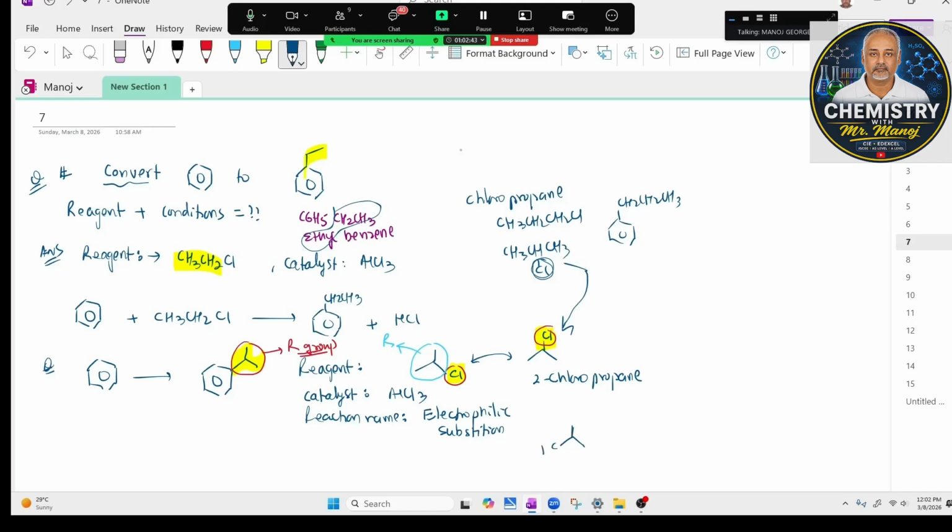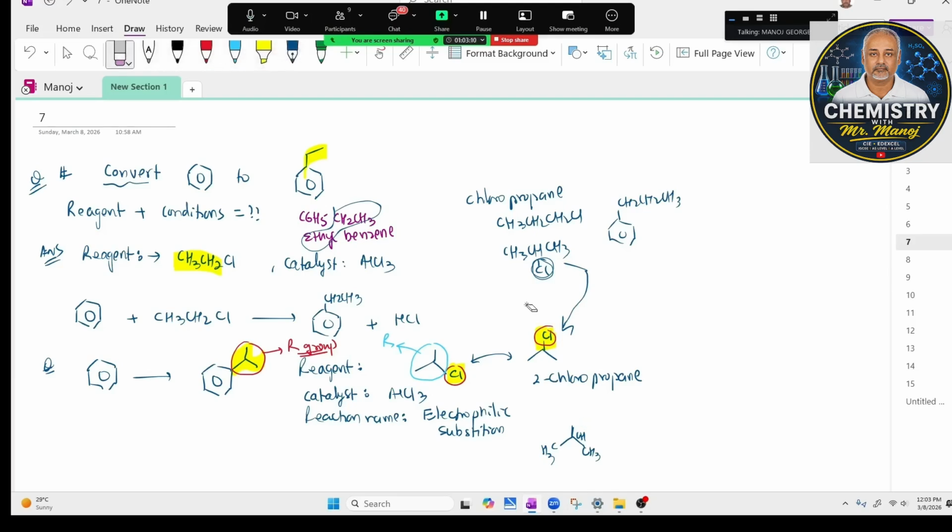So this is a CH3, that's a CH3, that's a CH, and that is a CH2 who actually had a Cl, but then the Cl was kicked out, correct? That Cl got kicked out. So now I have an empty bond here. Get the idea? That empty bond goes and connects to the whole thing.